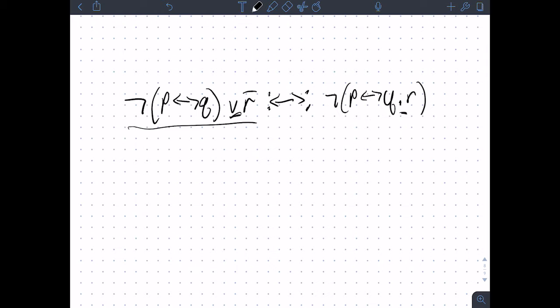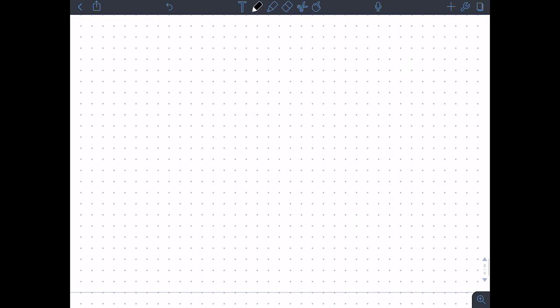Okay. And so, again, most of the time what we're going to be using this for, both of our De Morgan's laws, is for eliminating things like negated alternations or negated conjunctions. So most of the time we're going to be using it to get rid of this negation sign in front of the parentheses.